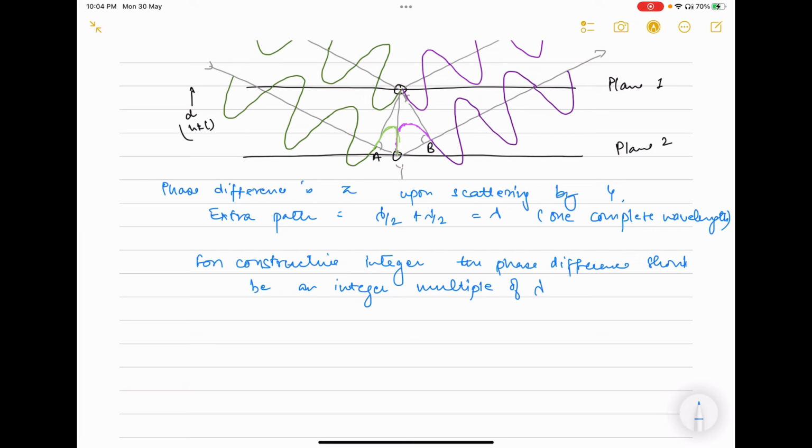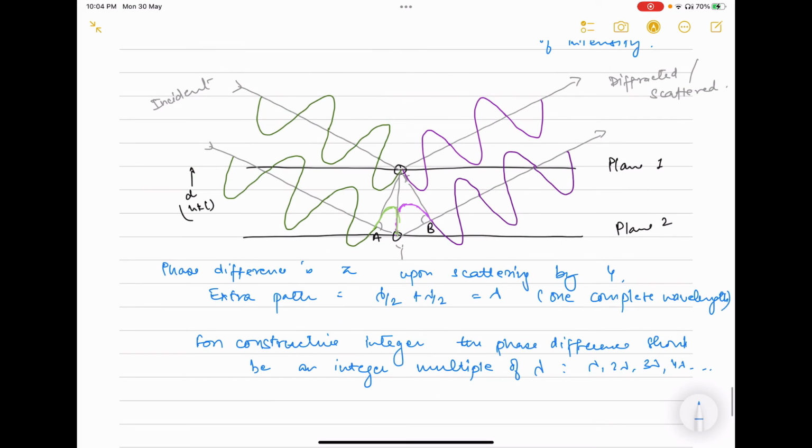Integer multiple of lambda. So it can be lambda, 2 lambda, 3 lambda, 4 lambda and so on. So here when the path difference is lambda, we say these waves interfere constructively.